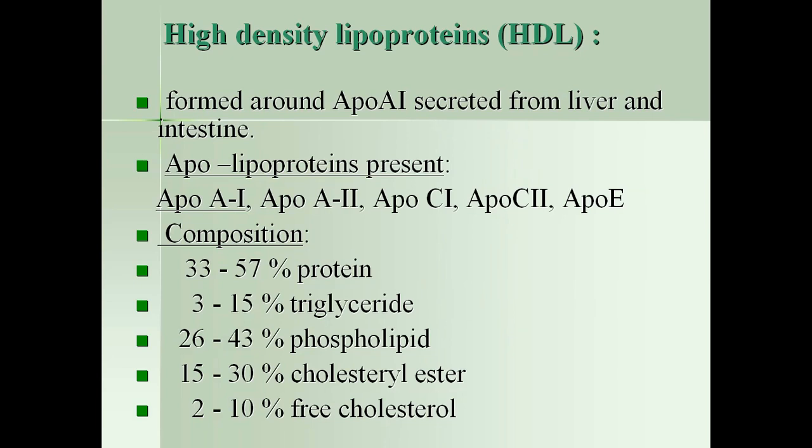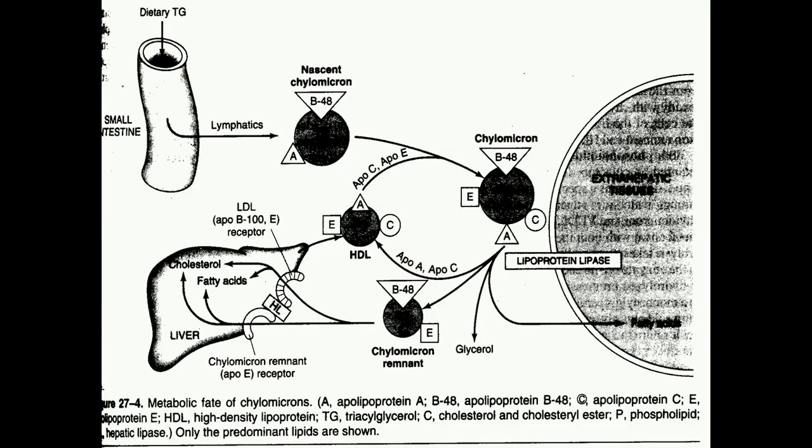The role of this enzyme, after being activated by A1, is to convert free cholesterol into cholesterol esters. Cholesterol from peripheral tissues is transported to HDL by a protein called ATP binding cassette transport proteins, abbreviated as ABC proteins.